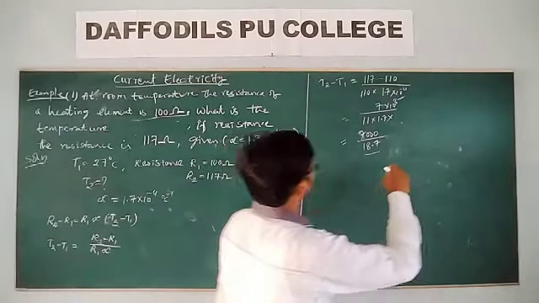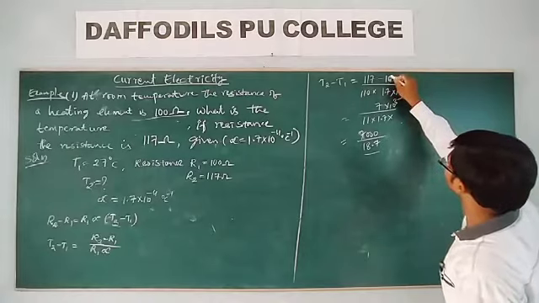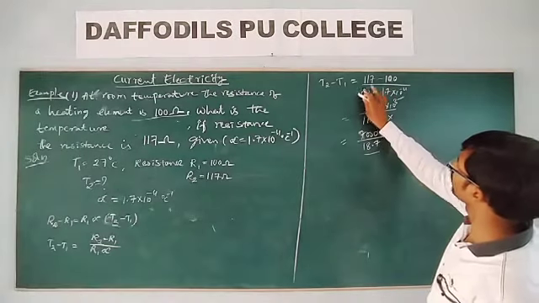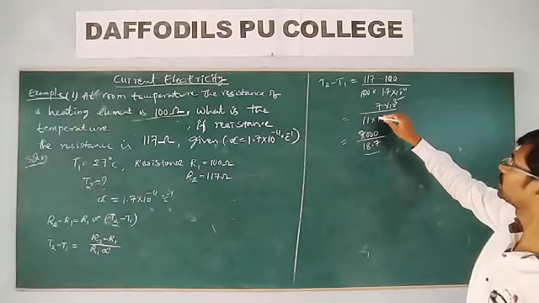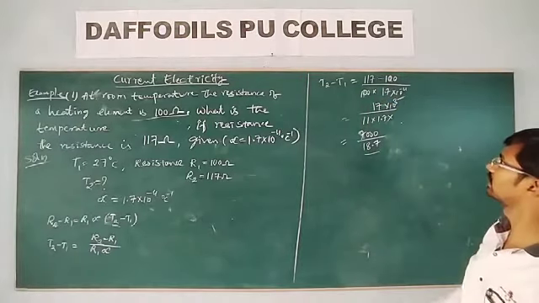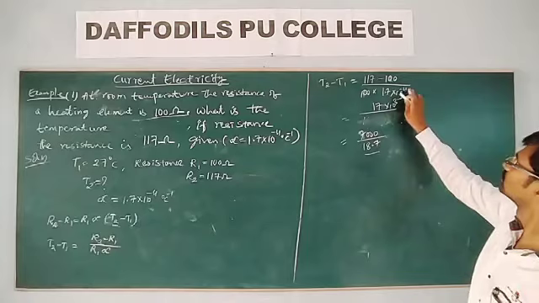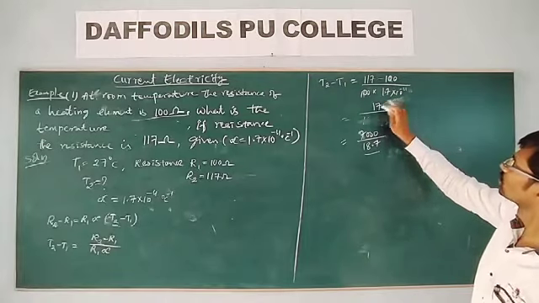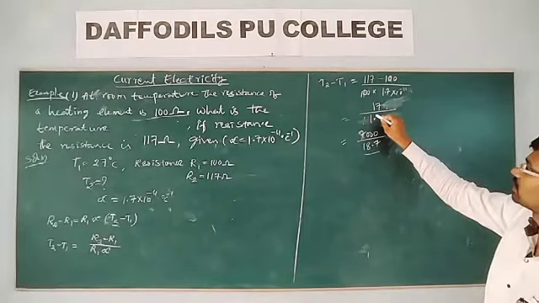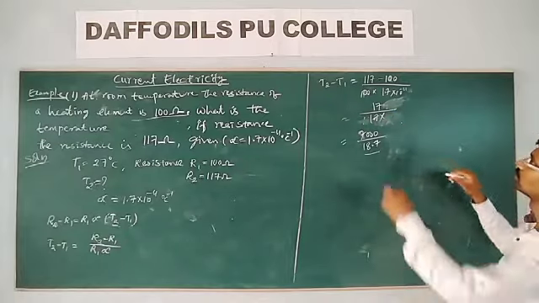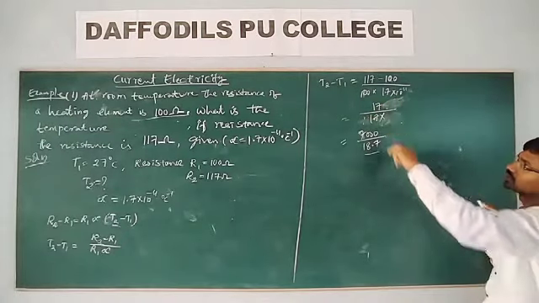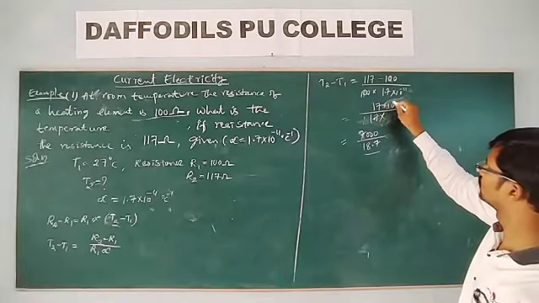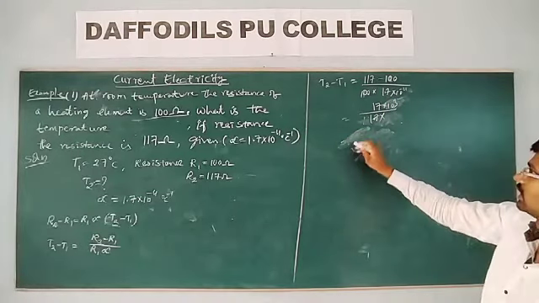Here R1 is not 110 but it is 100. Now 117 minus 100 is 17, by 100 into 1.7 into 10 power minus 4, which is 10 power 3, that is 1000.